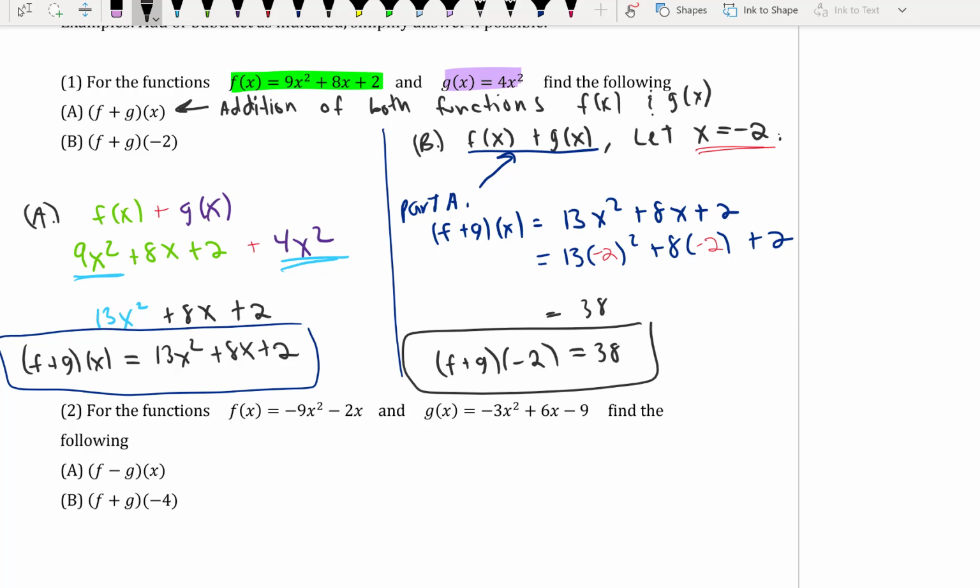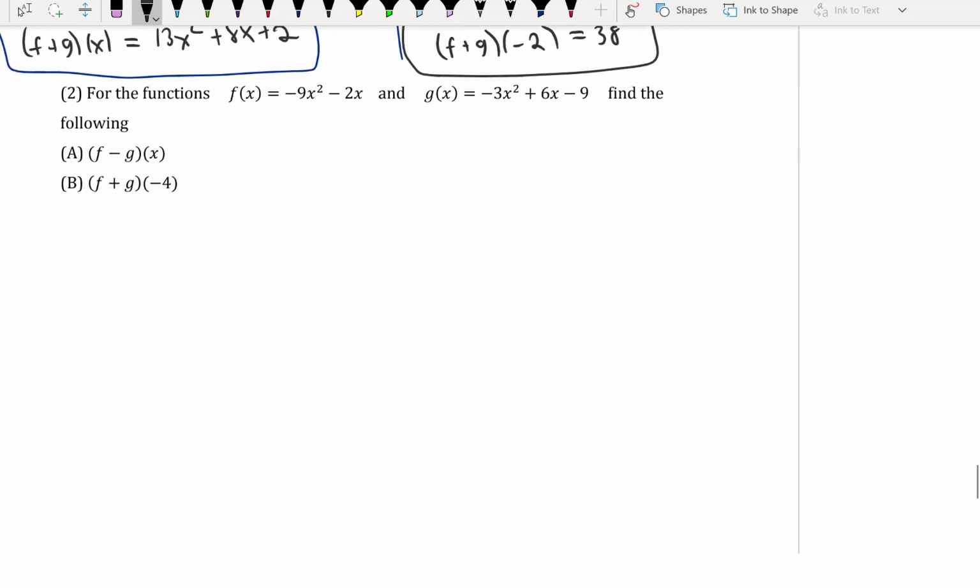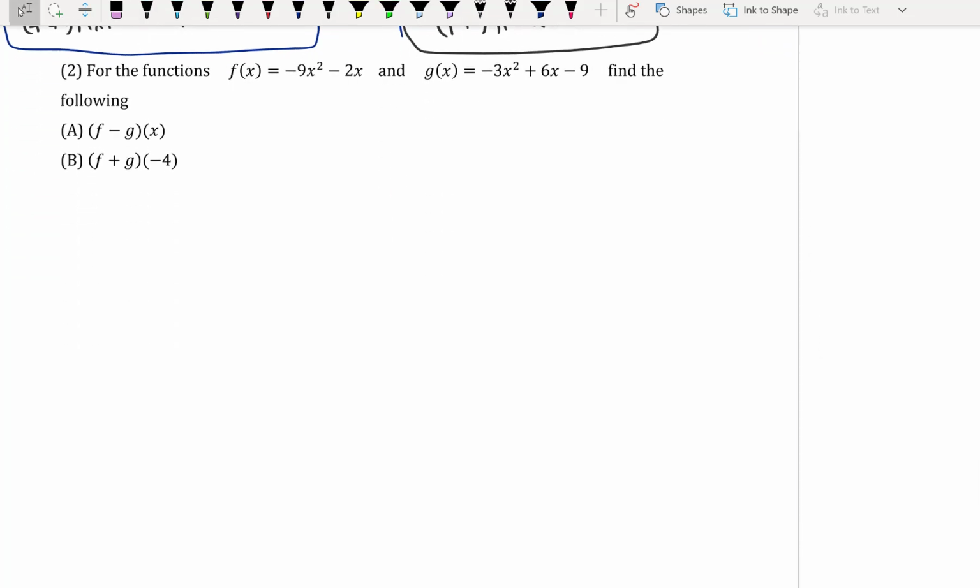So let's go ahead and take another look, just in case you guys need another example. So here we're going to do the same thing. We have two different functions, f and g. And now we want to do the subtraction with respect to x.